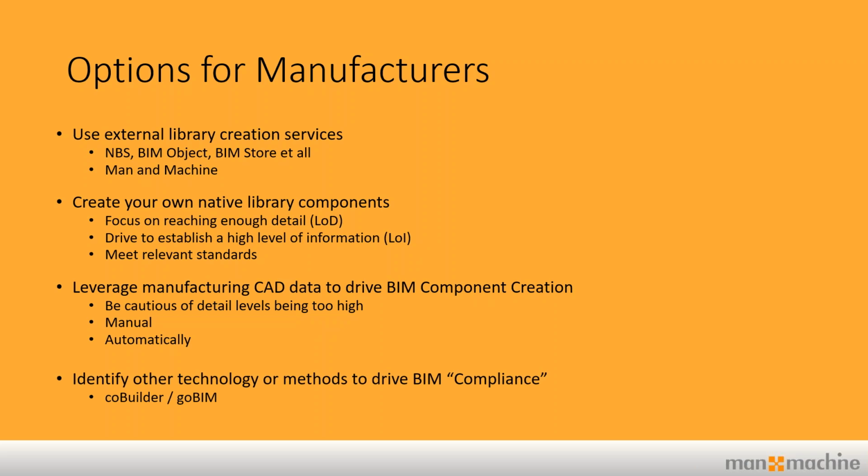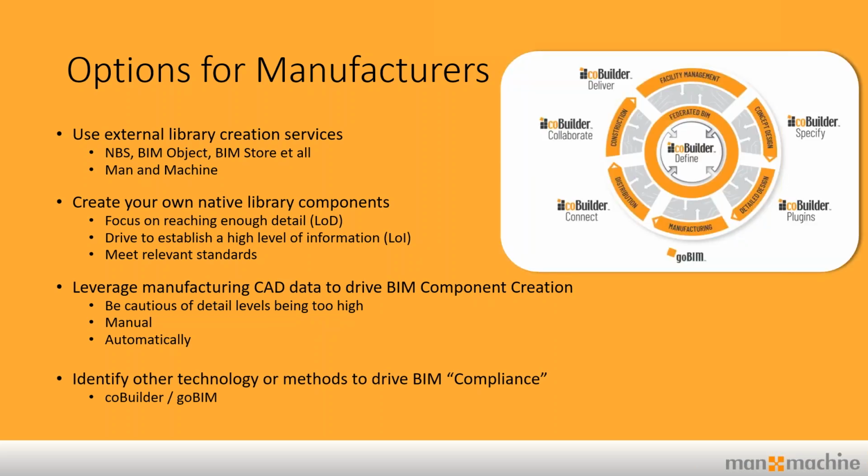There are other pieces of technology out there. You might have heard of GoBIM or CoBuilder, which also allow you to drive some BIM compliance because those pieces of technology do not focus on the creation of 3D. For example, the most important thing is the information. Any Revit modeler can model a Revit family. It's easy. It's very straightforward. But what they can't do is attach the manufacturer's breadth of information and know-how about that product to those objects.